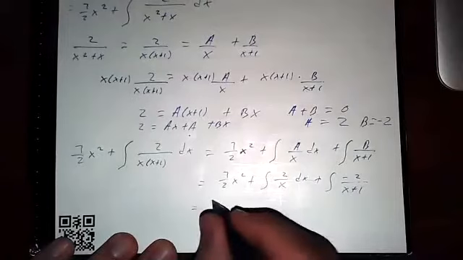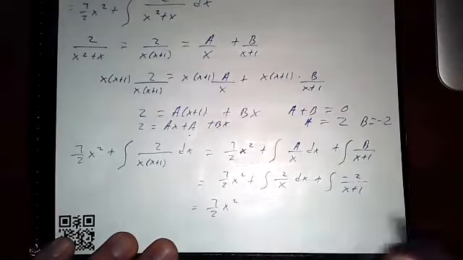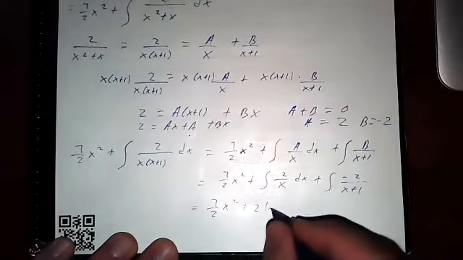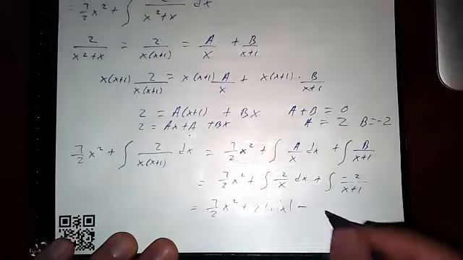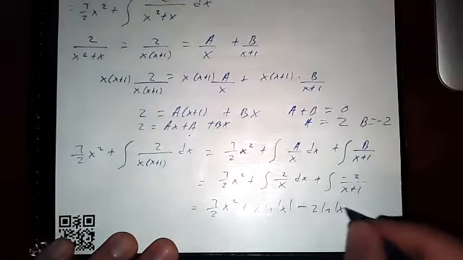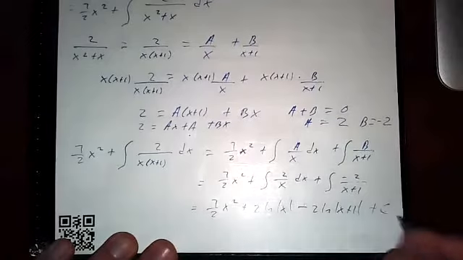So finally we're done. That would give us 2 ln x minus 2 ln x plus 1. So the answer was close, but not quite right.